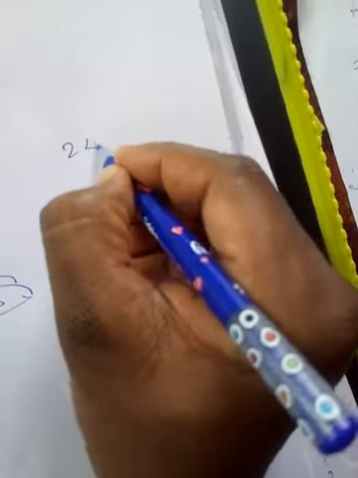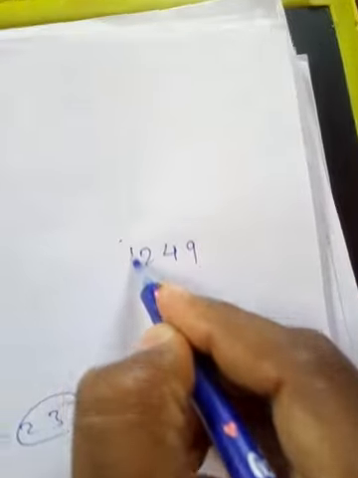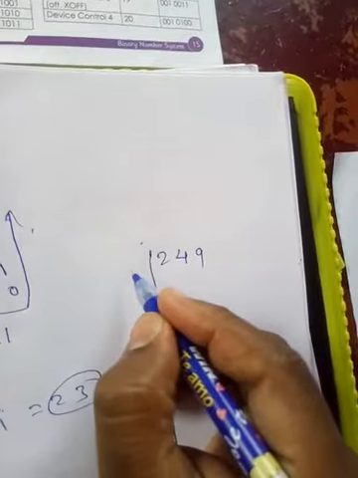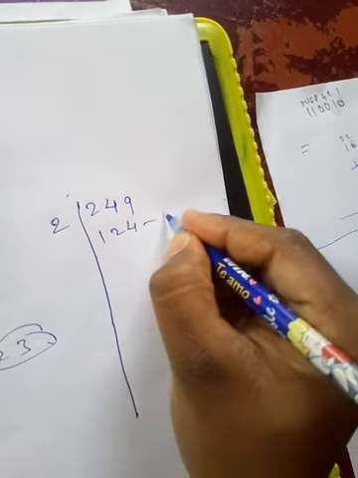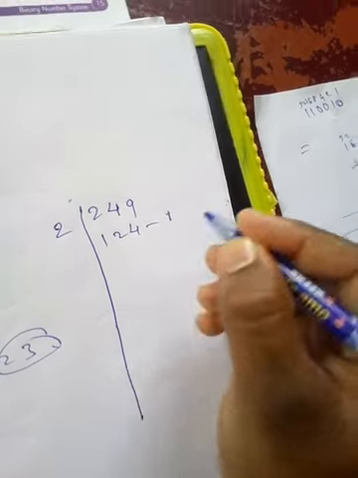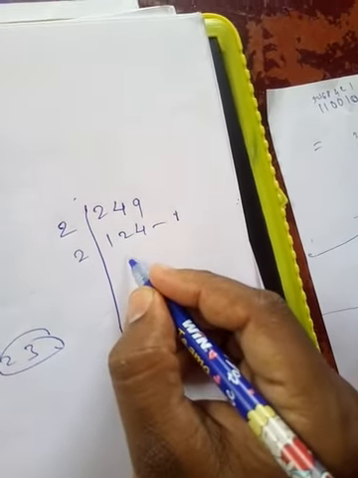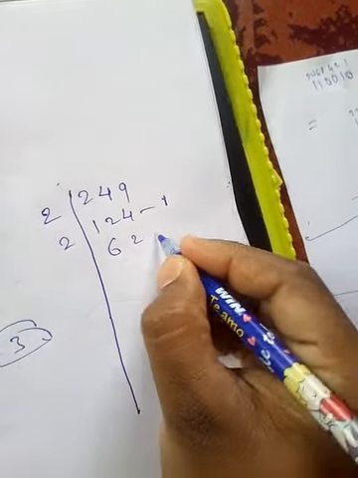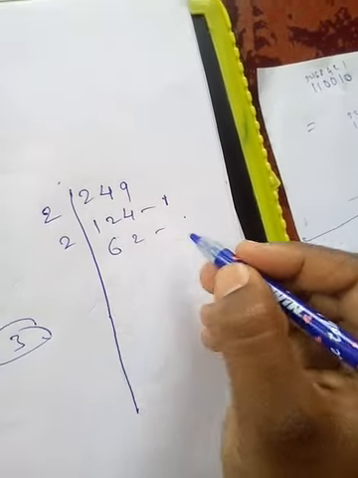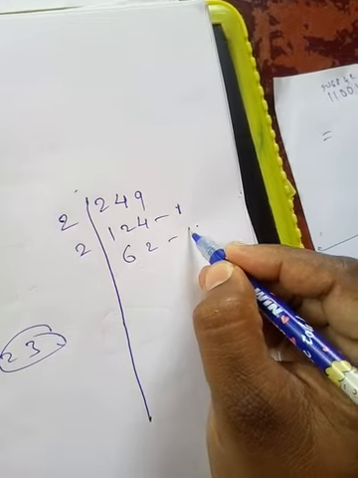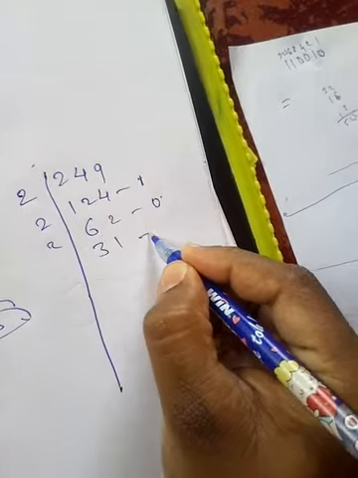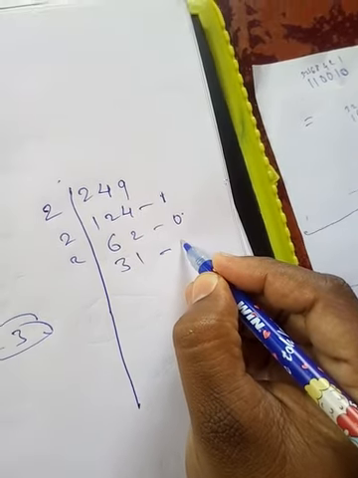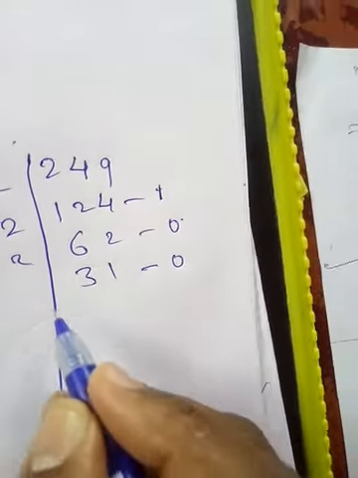249, go on dividing by 2. 2 124s are 248, remaining is 1. Then 62 2s are 124, remaining is 0. And 2 31s are 62, remaining is 0.